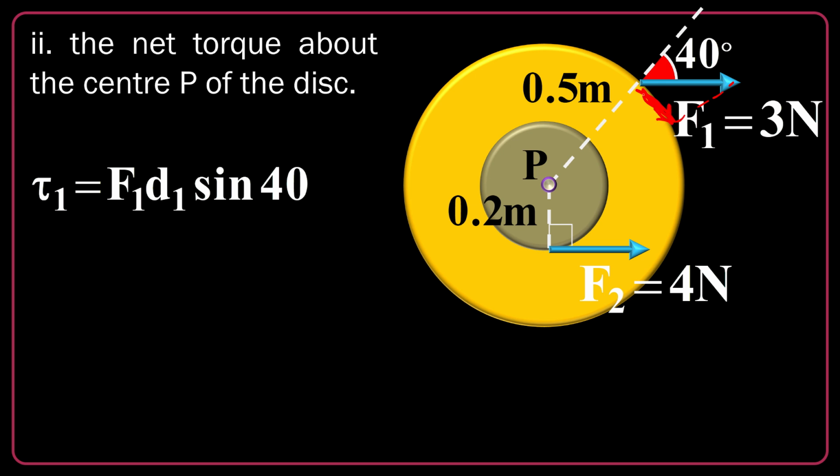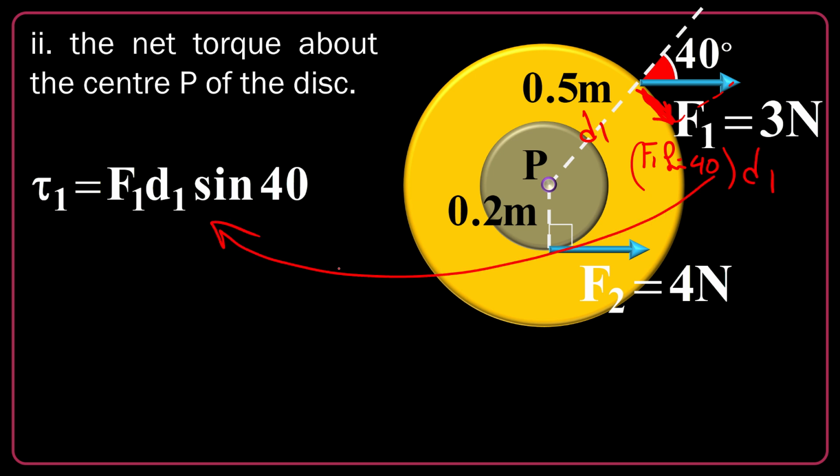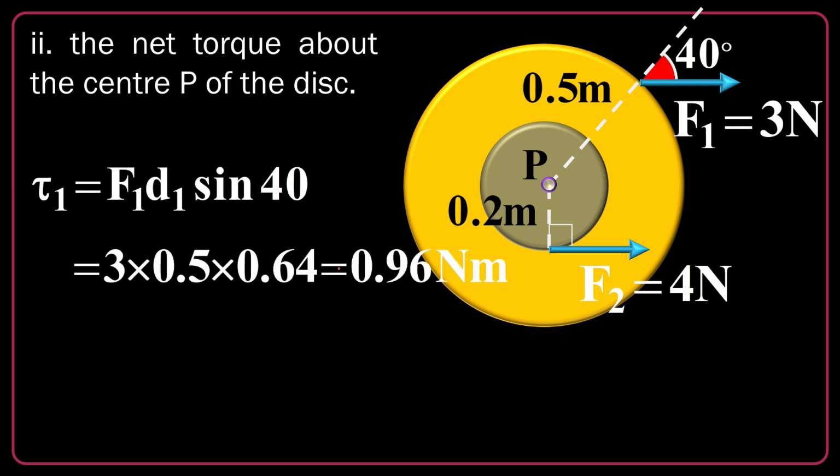So I should find this component. This component is F1, let's say this is D1, F1 sine of 40 degrees, and then I multiply it by D1. So it's F1 D1 sine of 40. So I found the component of F1 perpendicular to D1. And so the answer is 0.96.